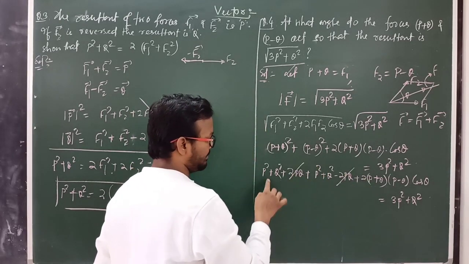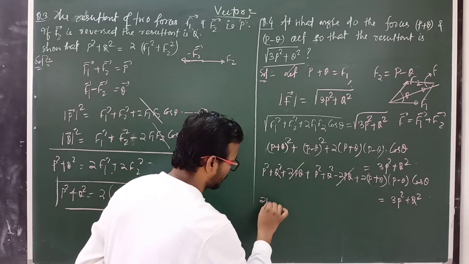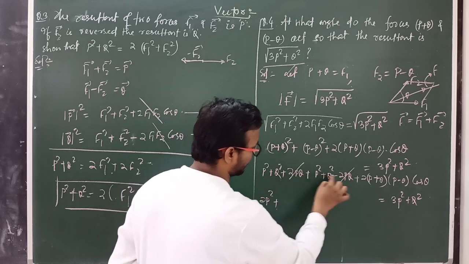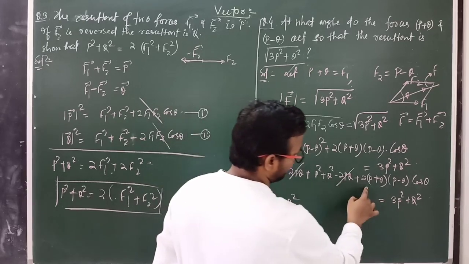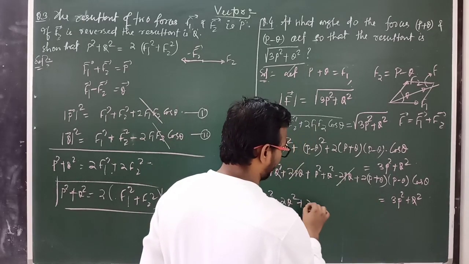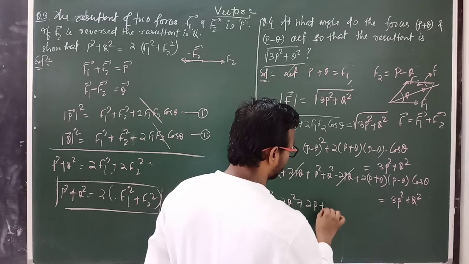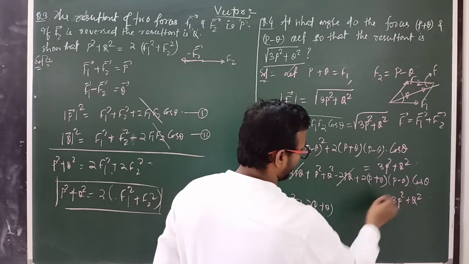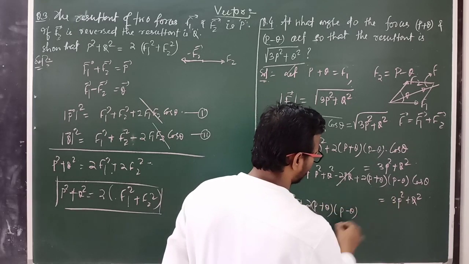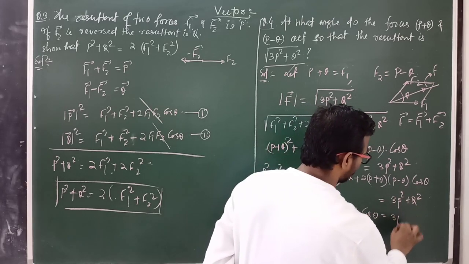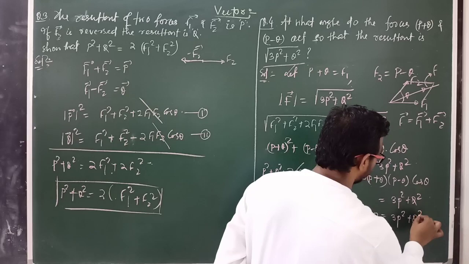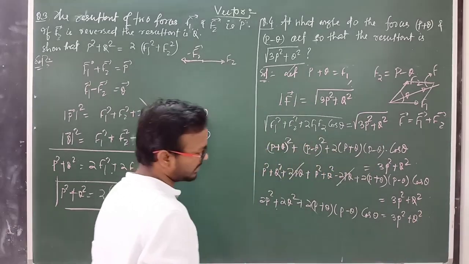So here 2pq cancels, then p square plus p square is 2p square, q square plus q square is 2q square, and here plus 2(p plus q)(p minus q) cos theta equal to 3p square plus q square. Clear?